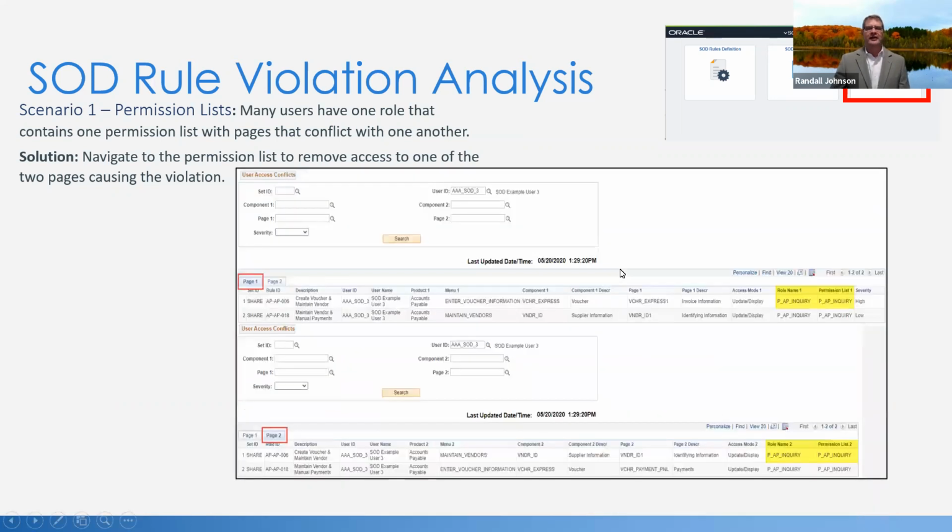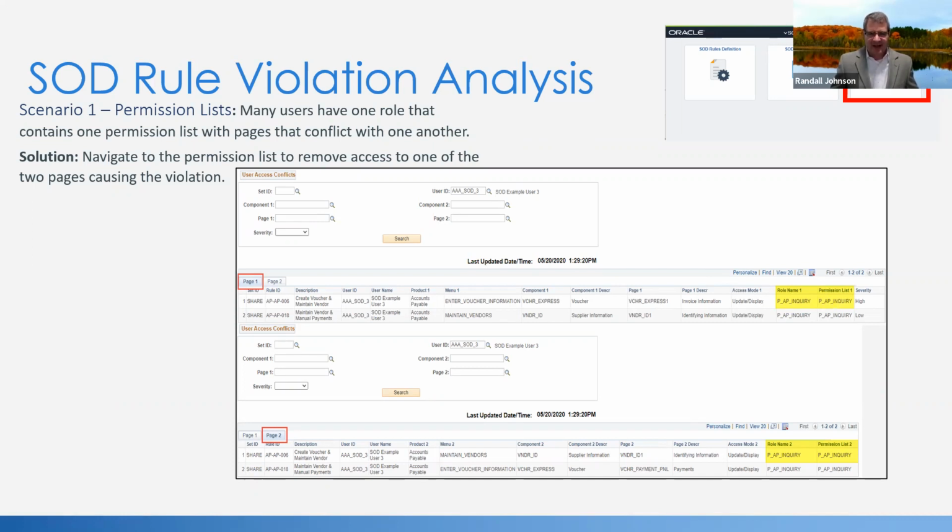And so what we do here is we have query sets and evaluation sets for you to take a look at these particular violations. And what you need to do is look at the rule set that's being violated. You look at the query that produces the results of the permission list violations, and you determine if there are permission lists that have multiple pages that should not coexist.